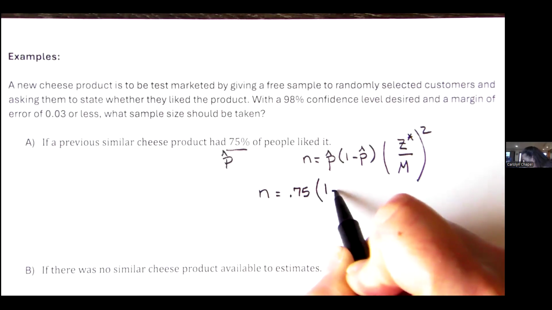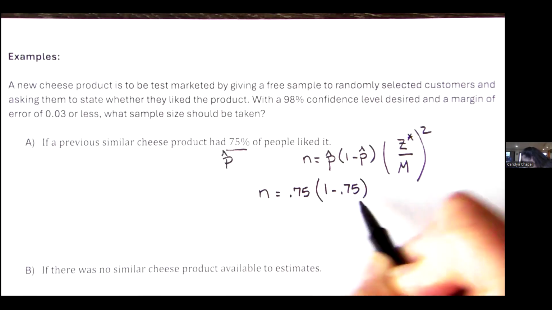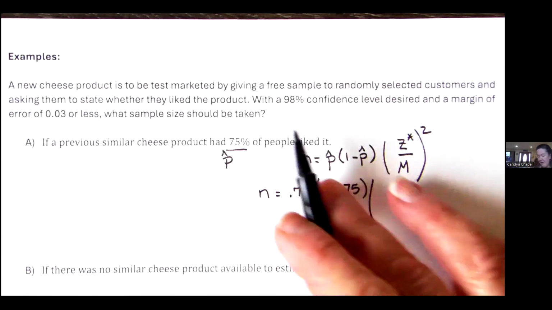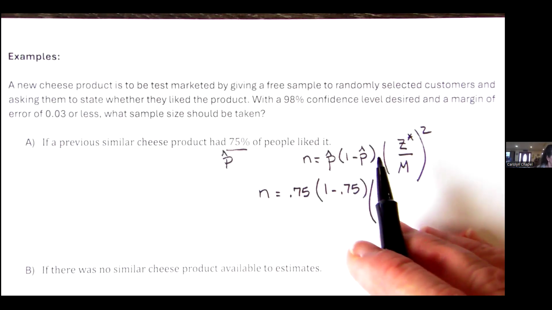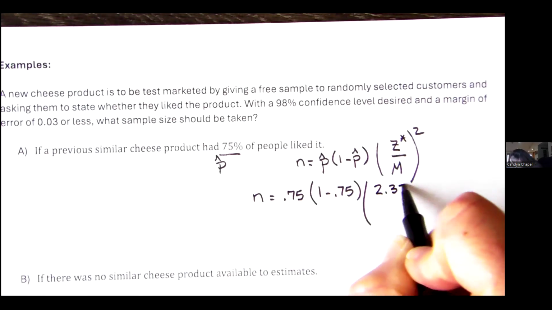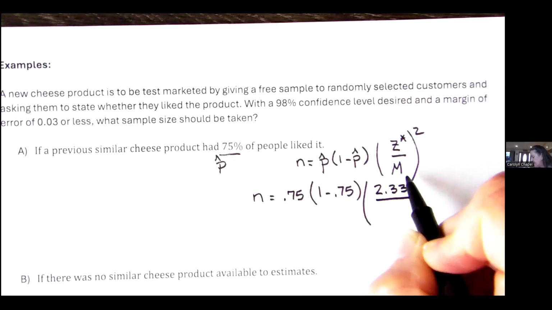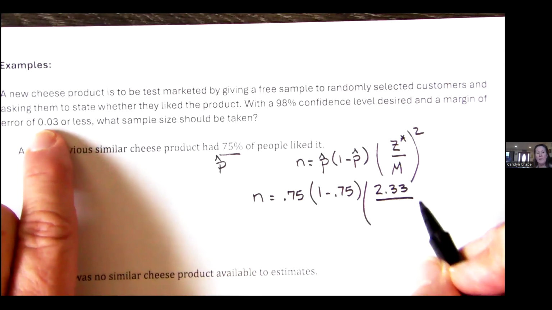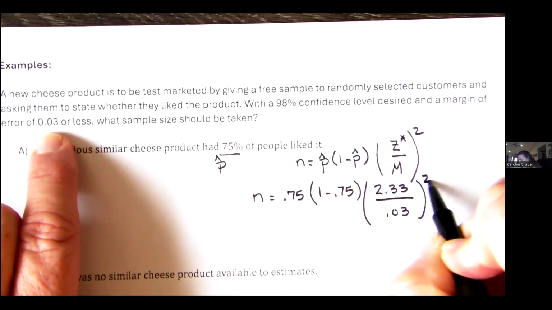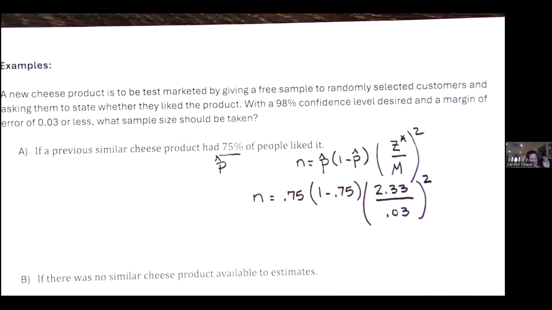And then we're going to do 1 minus 0.75. Z star is going to come from our table for our 98%, and that is 2.33. And my margin of error, we want to be within 0.03 of the true value. So that's how far we're going up and down, 0.03, which is like 3%. So think of it that way.